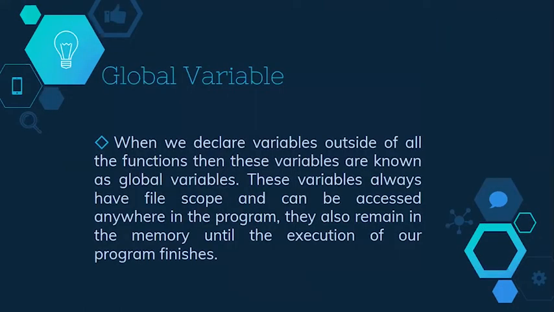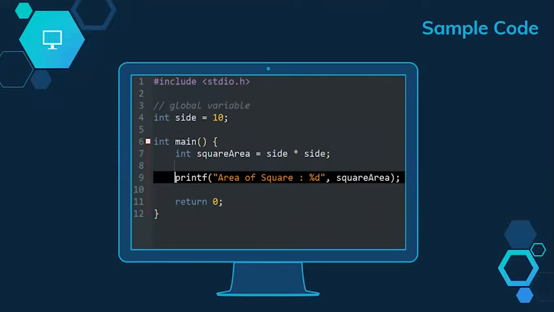Next is the global variable. When we declare variables outside of all the functions, then these variables are known as global variables. These variables always have file scope and can be accessed anywhere in the program. They also remain in the memory until the execution of our program finishes. So let's look at this code here, showing us the global variables. As we have declared a side variable outside of the main function, it has file scope, or it is known as a global variable.